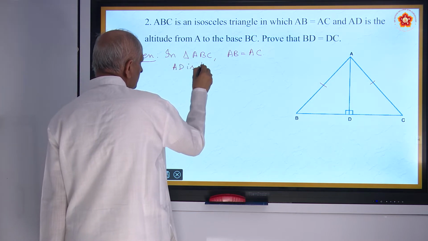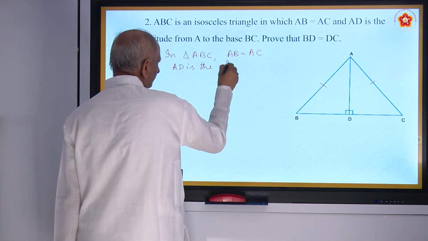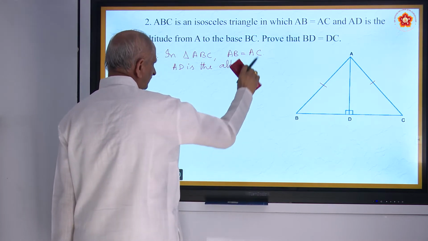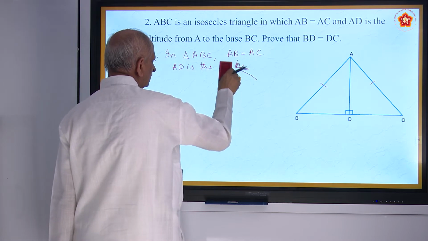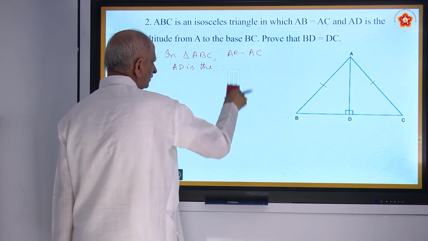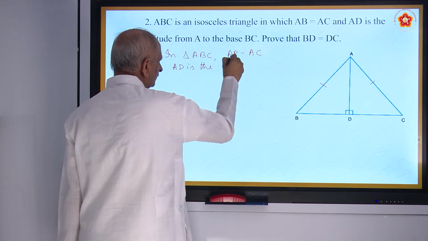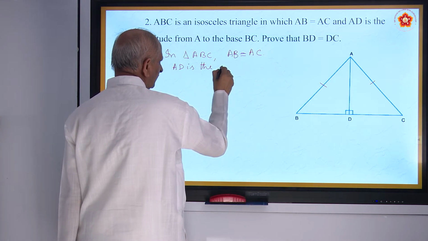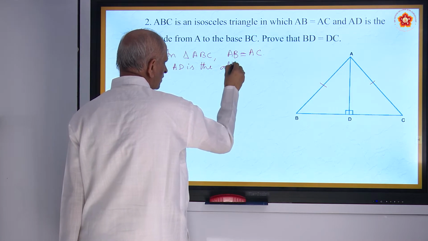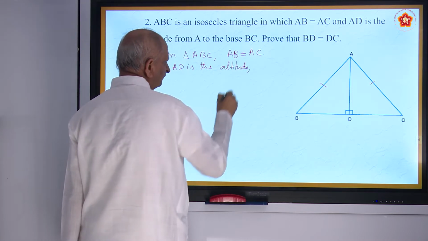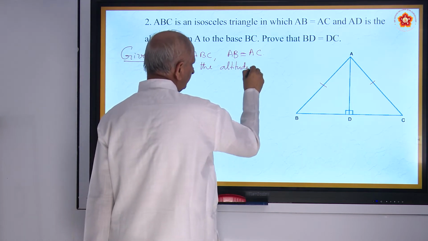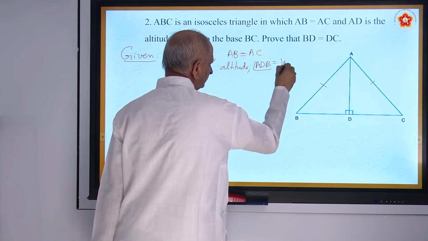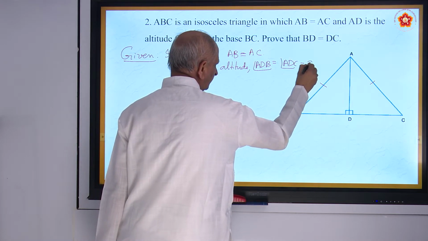AD is the altitude. Means what? So AD is altitude, means angle ADB is equal to ADC is equal to 90 degrees.